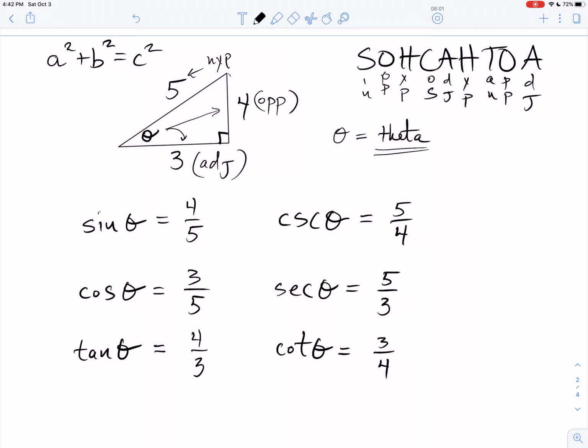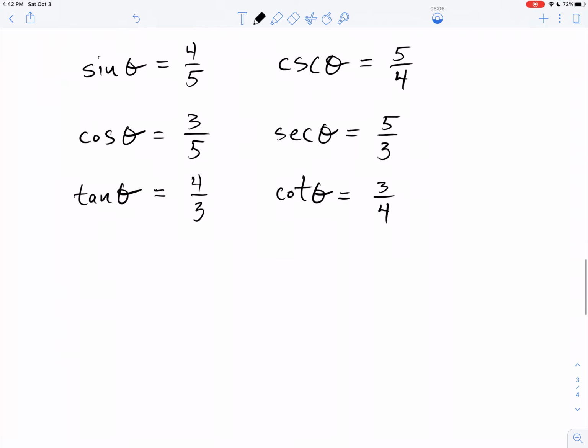Now, the 6 trig functions. I just want to remind you that SOHCAHTOA has never changed. It never will. But I want you to understand that cosecant is called the reciprocal of sine. So if I did 1 over sine, I'd have the cosecant. Okay? That would be totally true without a doubt.